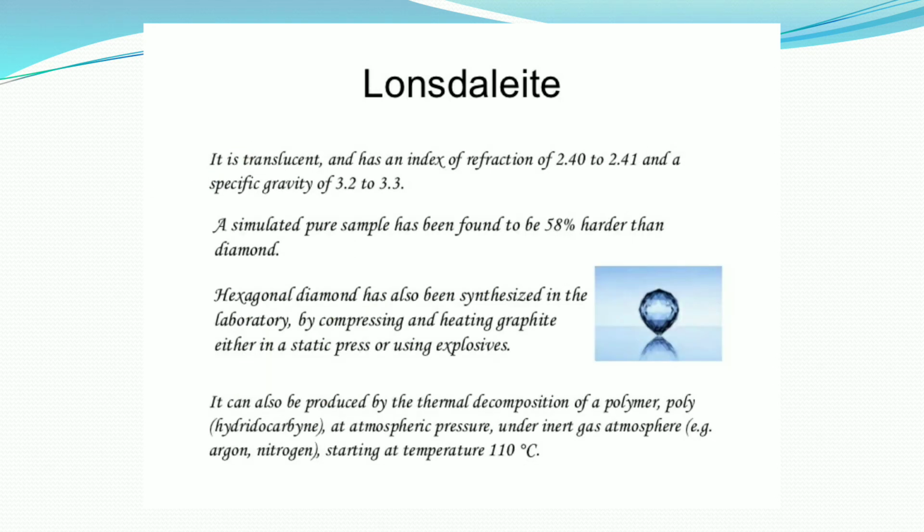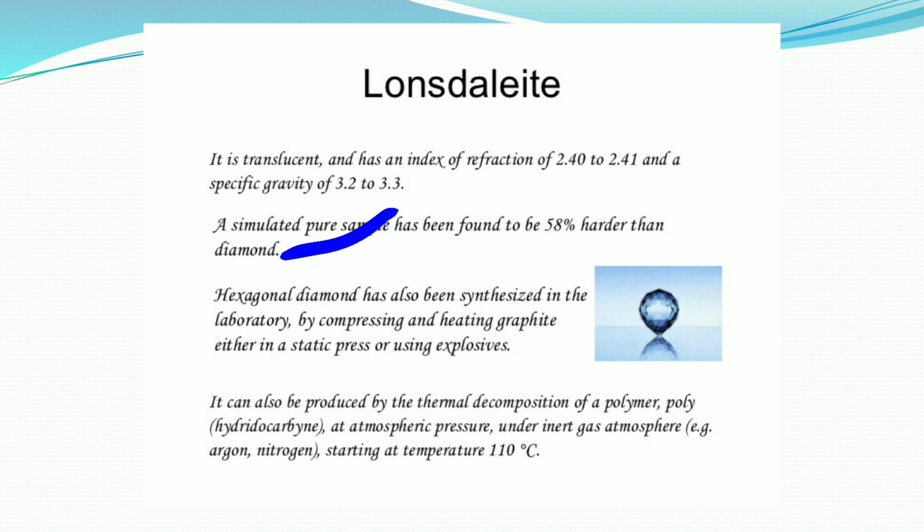It is translucent and has a refractive index of 2.4 to 2.41, and the specific gravity is 3.2 to 3.3. A simulated pure sample has been found to be 58% harder than diamond.